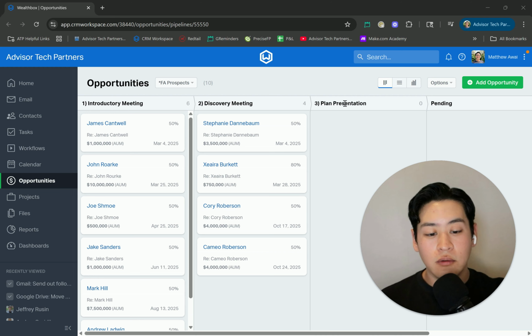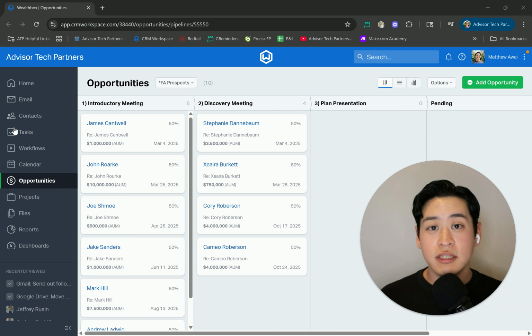And then we have the final one with their planned presentation. So those are the 3 main prospecting meetings that we see financial advisors utilizing in their onboarding prospecting process. And if yours differ, by all means, go ahead and make these customizations inside of your own Wealthbox CRM so that they align with the actual prospecting meetings that you're having.